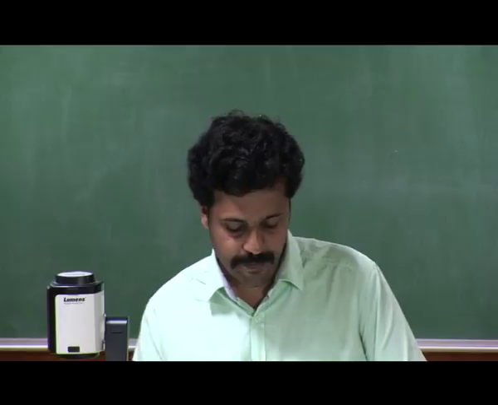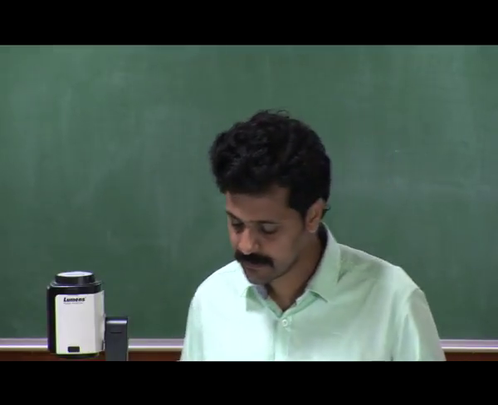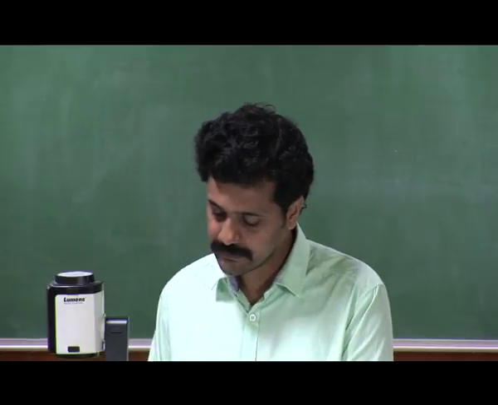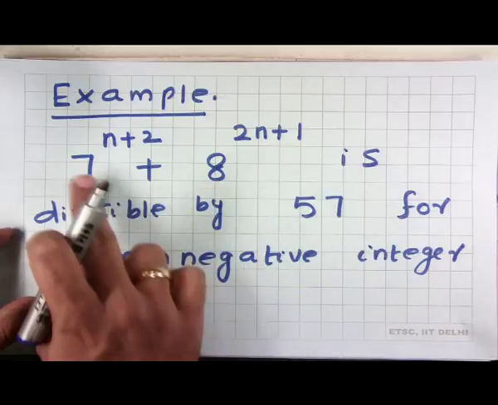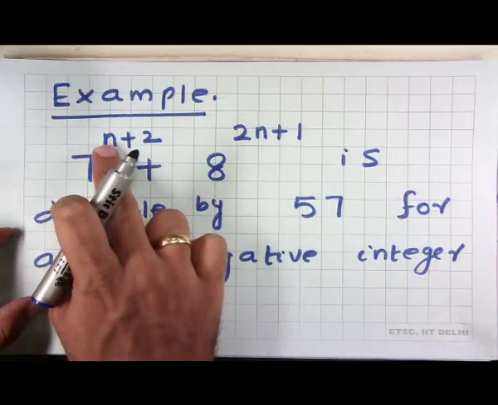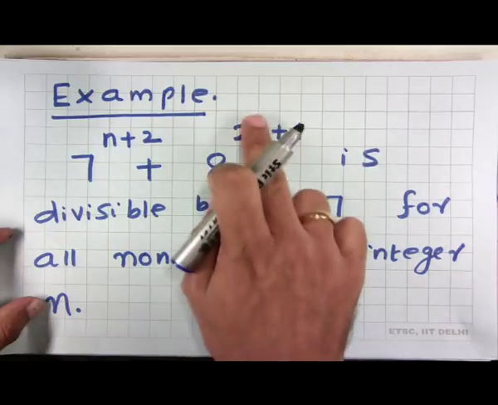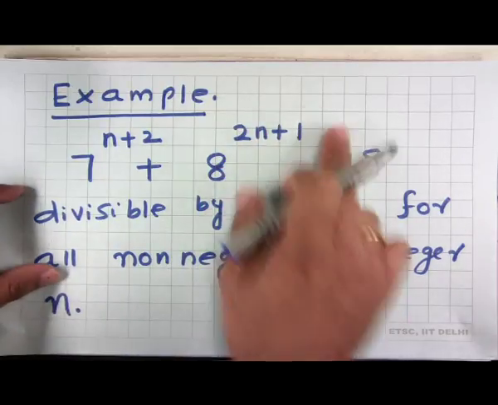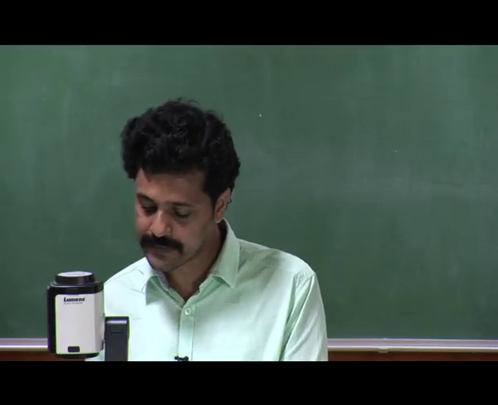To establish P of k plus 1, let us start with the requirement, 7 power k plus 1 plus 2 plus 8 power 2 into k plus 1 plus 1. That is the expression we have to check is a multiple of 57 or not.